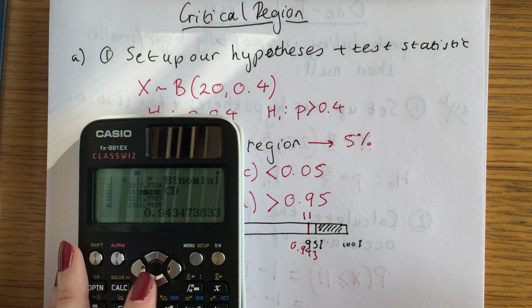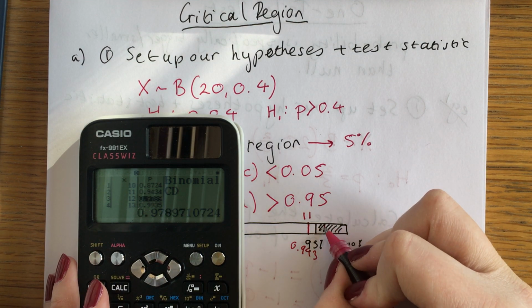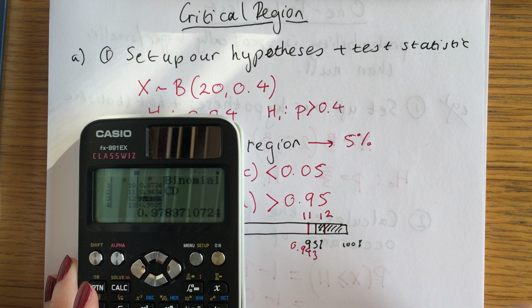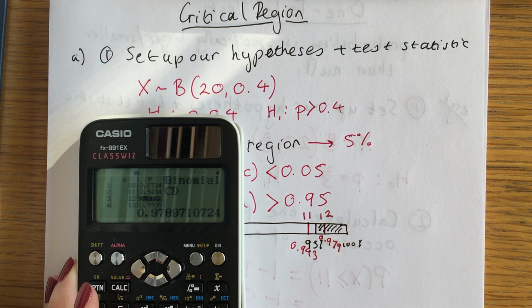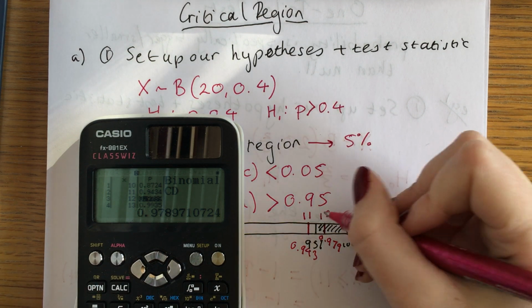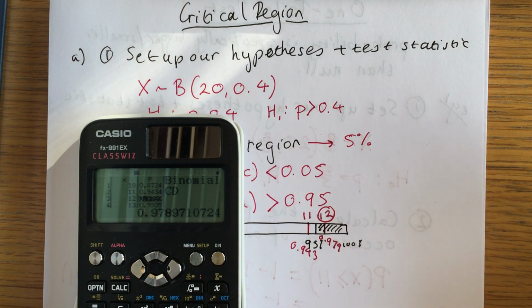The next one down is 12 or less, which has a 0.979 chance of happening. So this one is the first one that is bigger than 0.95.